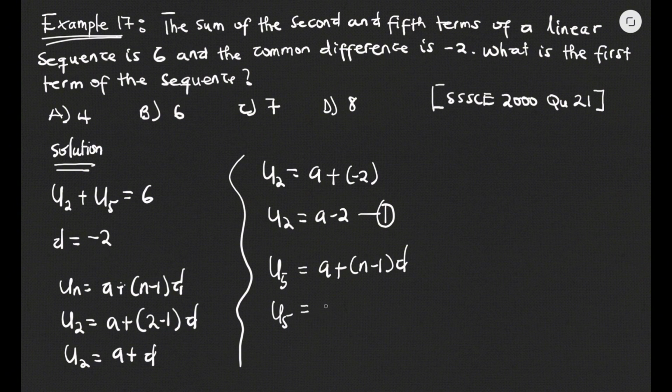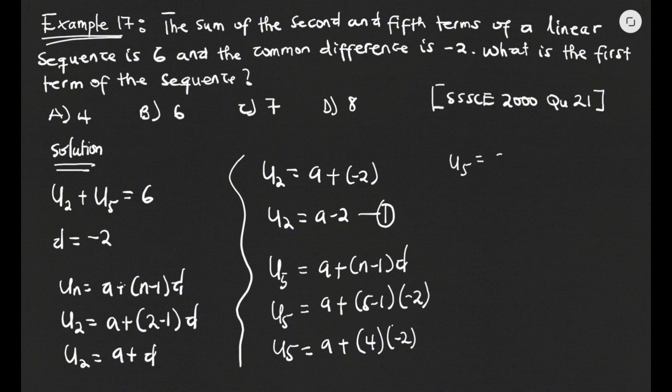So we have u5 is equal to a plus (5 minus 1) multiplied by -2, that is the difference, and then u5 is equal to a plus 5 minus 1 will give me 4, multiplied by -2, and that means my u5 is equal to a plus 4 multiplied by -2, which gives me -8. So I have u5 is equal to a minus 8, and this becomes my equation 2.